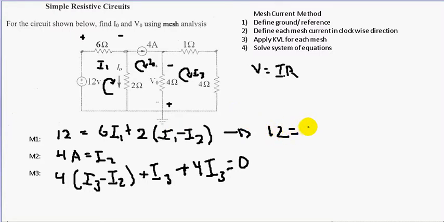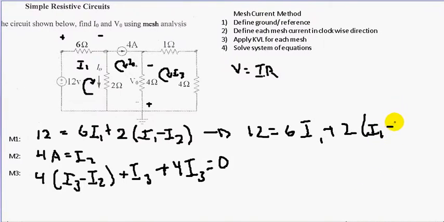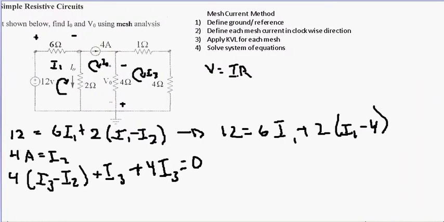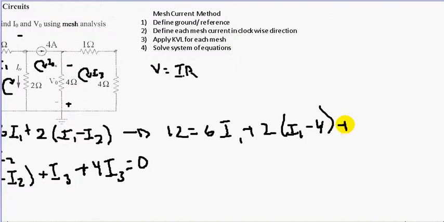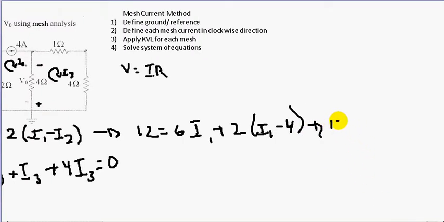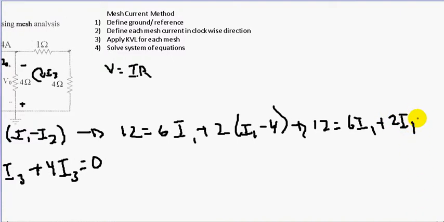12 is equal to 6 I1 plus 2 I1 minus 4. Now that simplifies into 12 equals 6 I1 plus 2 I1 minus 2 times 4, minus 8.